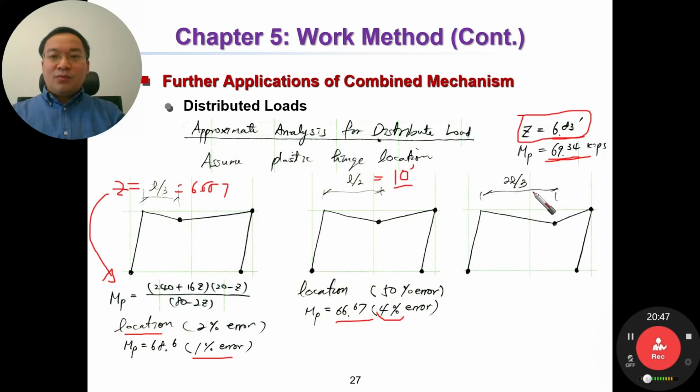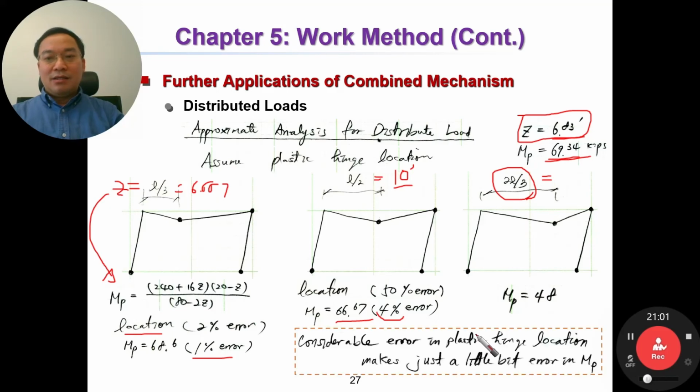And what else? If we assume 2/2 of the length of the beam at this point, so equal to 2 times this one, then the MP equal to 48. What is the conclusion? The conclusion is we assume with considerable errors in the plastic hinge location, but it makes just a little bit of error in MP.